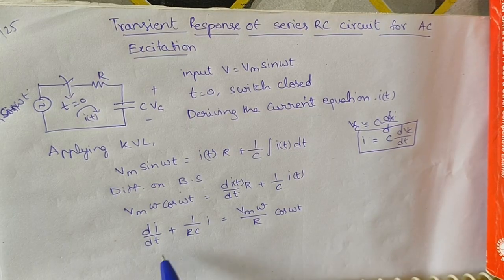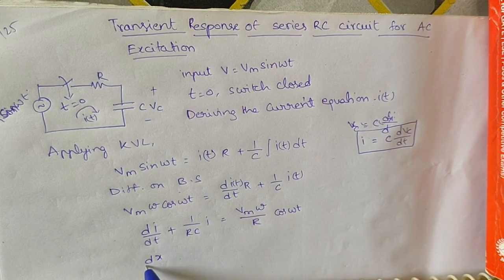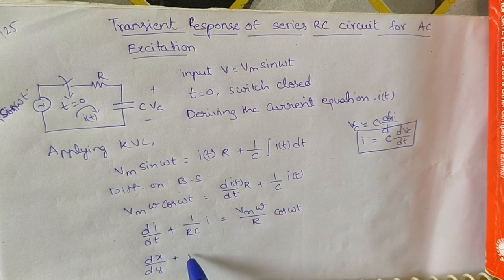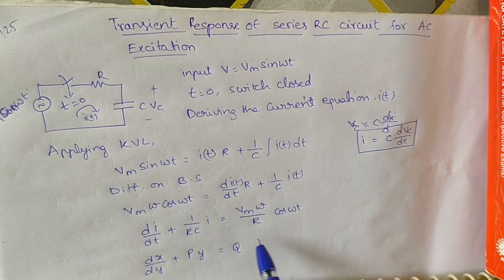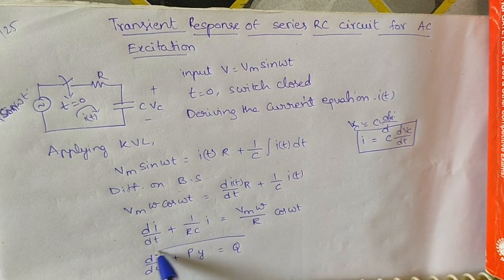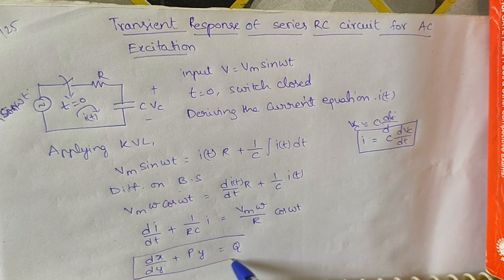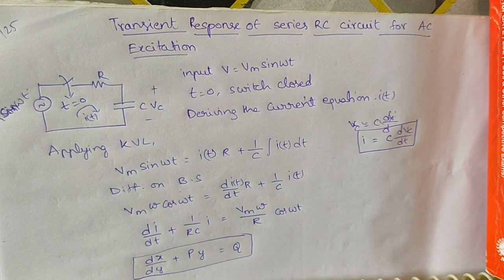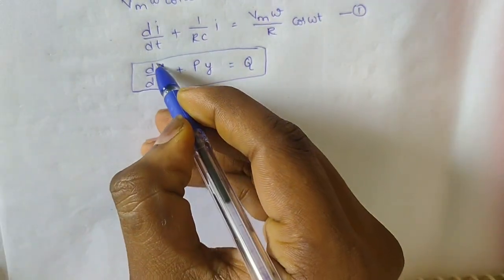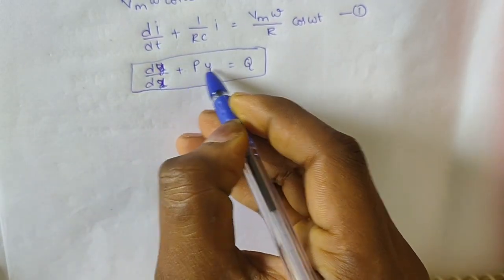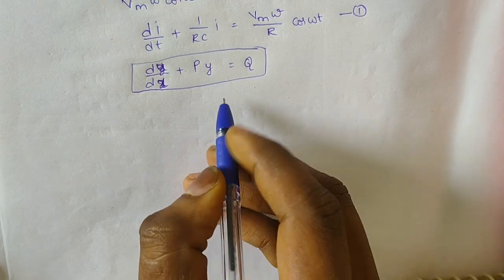This equation looks like dy by dx plus Py is equal to Q. This is equation 1, and it is in the same form.